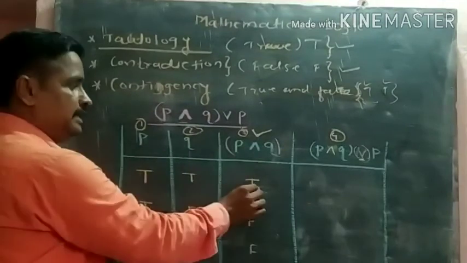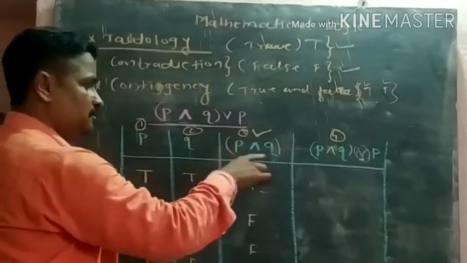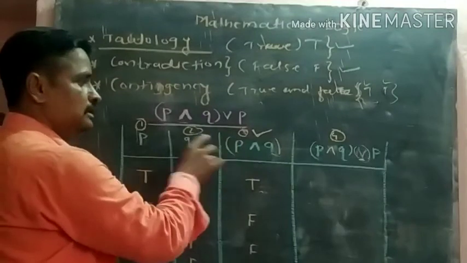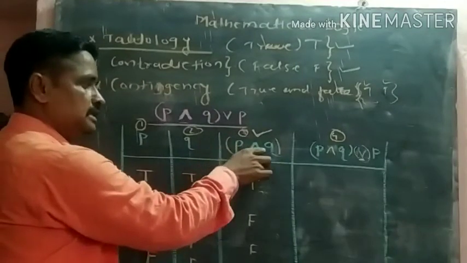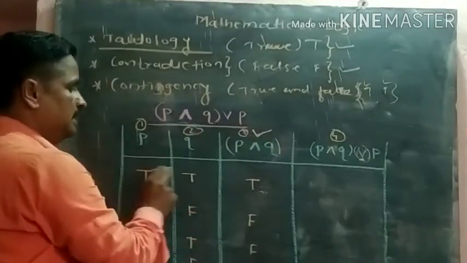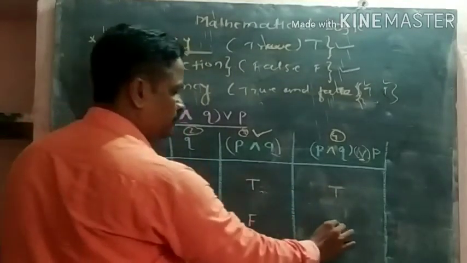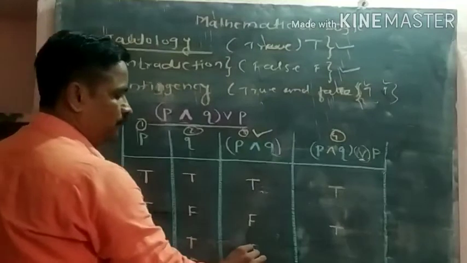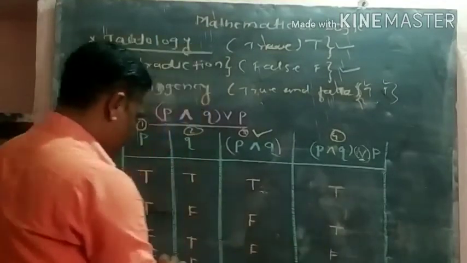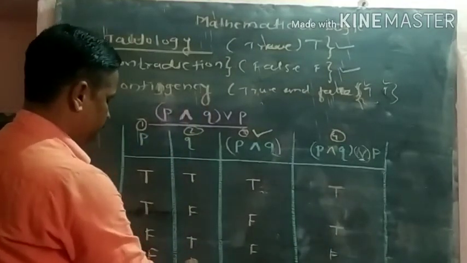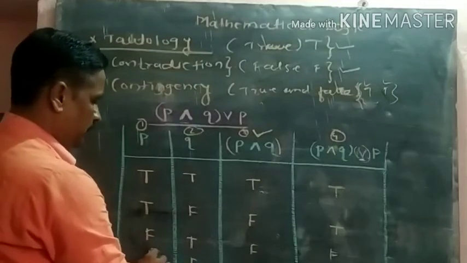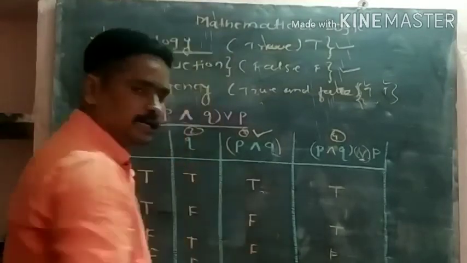So T, T gives T; T, F gives T; F, T gives T; F, F gives F.